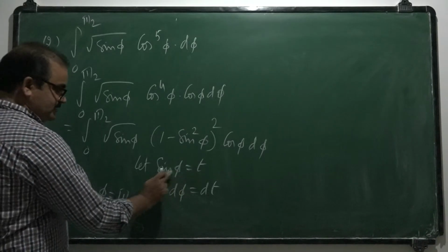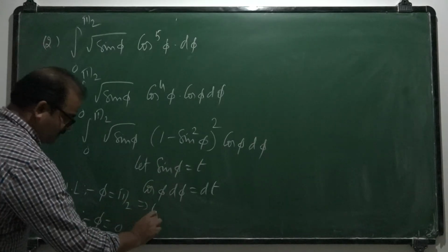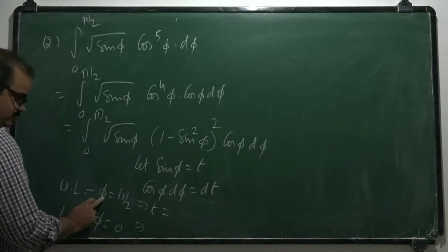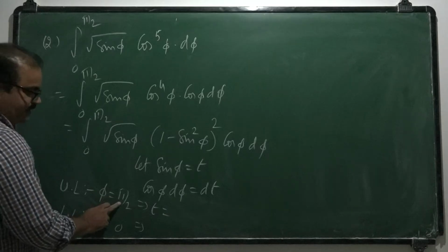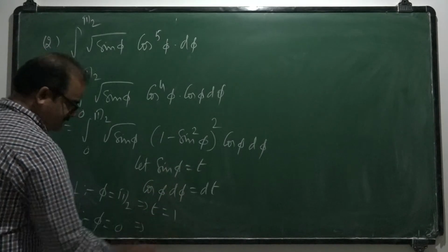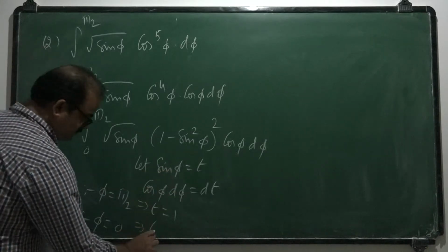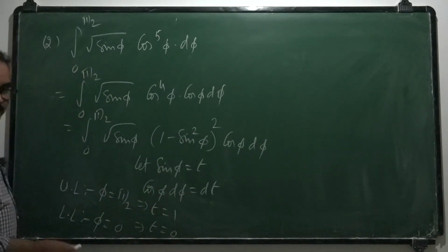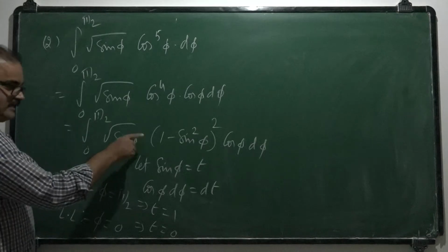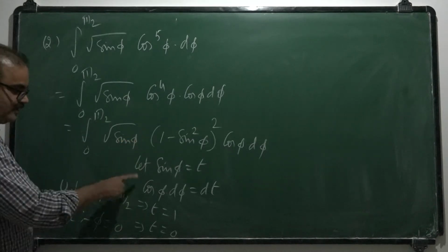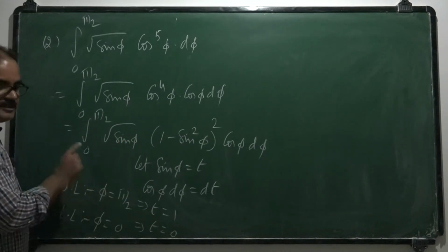What is t? Sin phi. When phi is pi by 2, sin pi by 2 is 1. When phi is 0, sin 0 is 0. In this way, if you change the variable, then you must change their limits also.